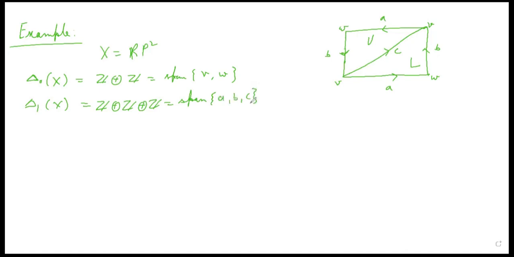B and C. How many two simplices are there? Oh, U, this one, and this one. So Z plus Z, span of U.